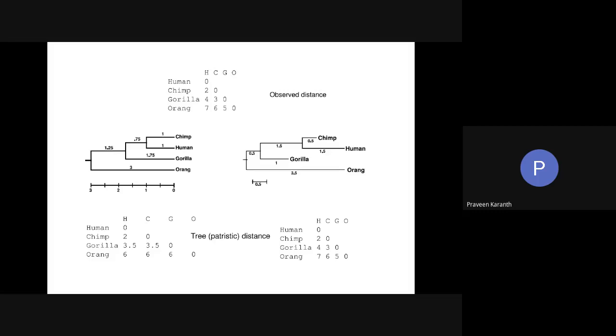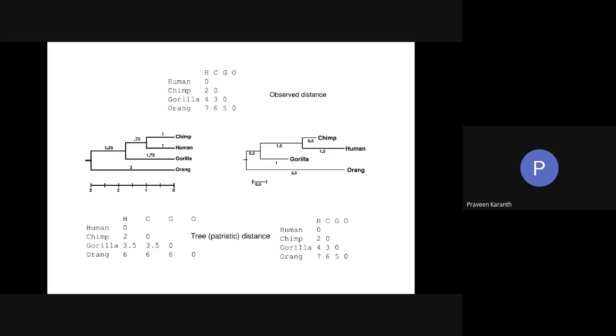For example, between gorilla and chimp would be 1.1 plus 1.5 plus 0.5, which is 3, right? The tree distance. Now, if you look at the observed distance between gorilla and chimp, the observed distance that you got from the sequence data, it is also 3. Oh, okay. Oh, fine, sir.